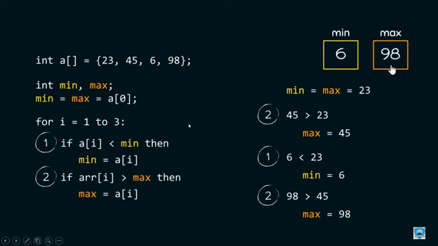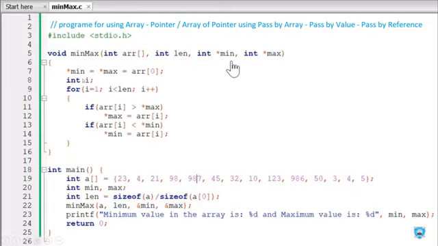Same as the above slide. In the above slide we took minimum and maximum as a of 0. My first element will be minimum, my first element will be maximum. Same here. Star min, star max means pointer minimum and pointer maximum. Array of 0 means this 23 is considered as my minimum and as my maximum.